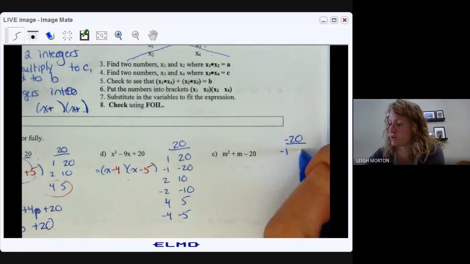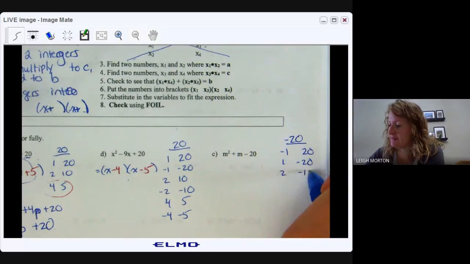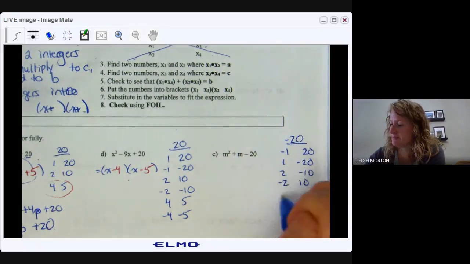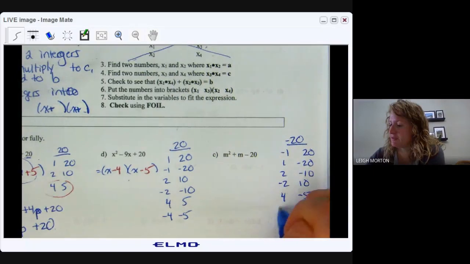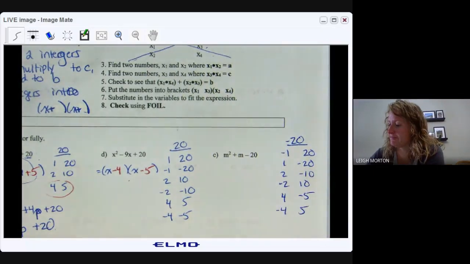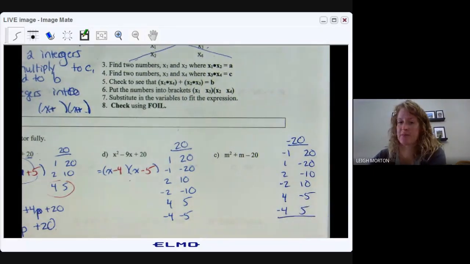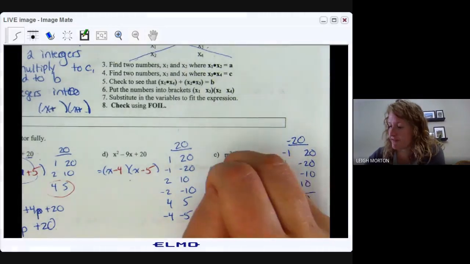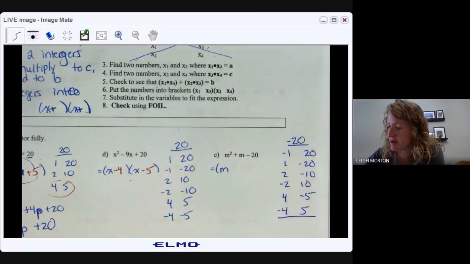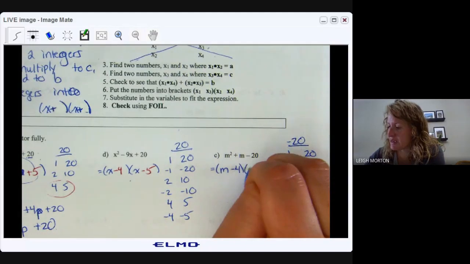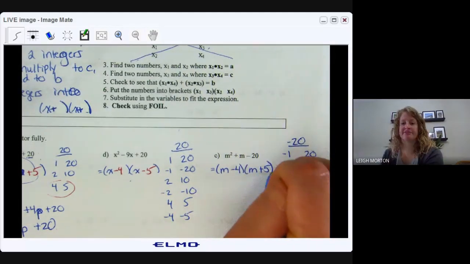So I did negative 1 and 20, or 1 and negative 20. 2 and negative 10, negative 2 and 10, 4 and negative 5, negative 4 and 5. That's my pair right there. So my factored form would be m minus 4 times m plus 5.